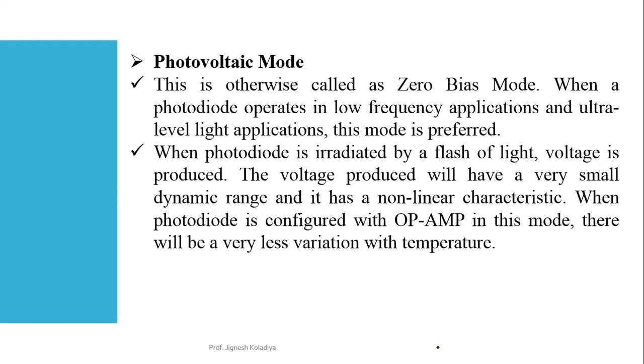When the photodiode is configured with an op-amp, that is operational amplifier, in this mode, there will be very little variation with temperature. So this photovoltaic mode is applicable to very low frequency applications and ultra low level light applications.